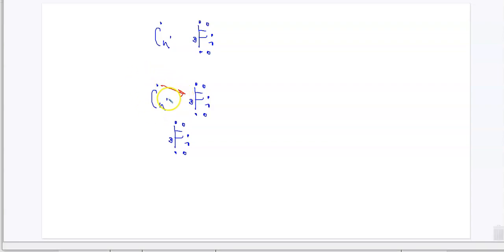So I transfer 1 electron there, transfer another electron there. And so now I have Ca2+, F-, with a full shell. But there are 2 fluorines, so a subscript of 2.